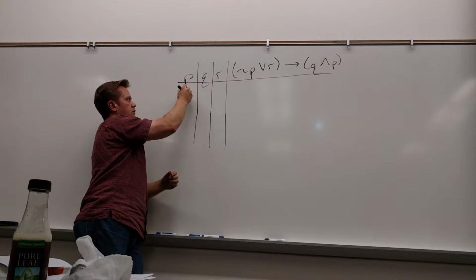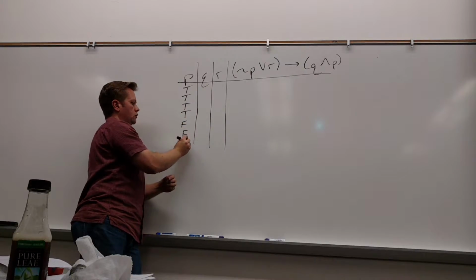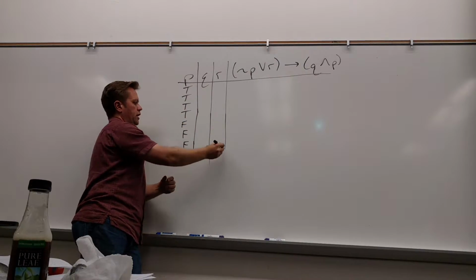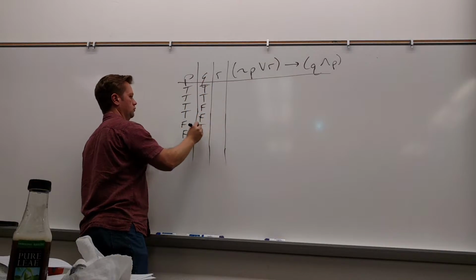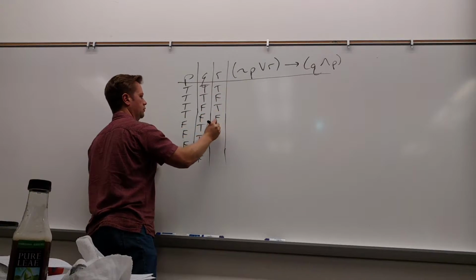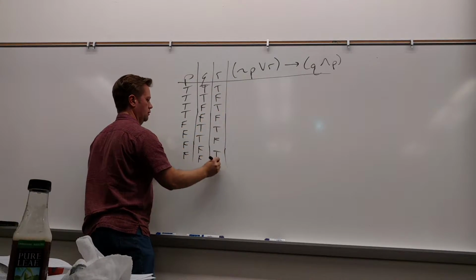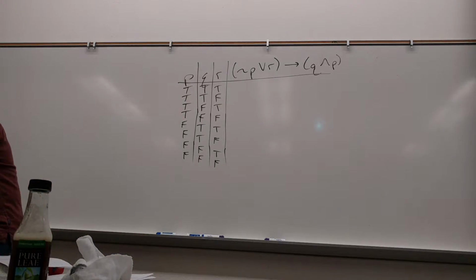Yeah, P is the constant: true, false. Q's a little more hectic, right? True, true, false, false, true, false, false. And then R is just true, false, true. R is a little squirrel thing. That's the way I remember it, anyway.